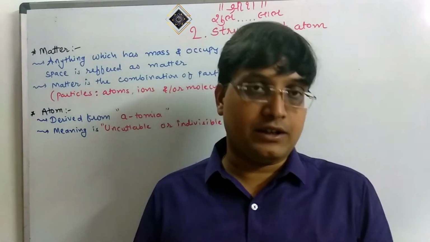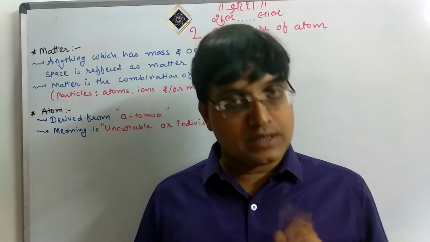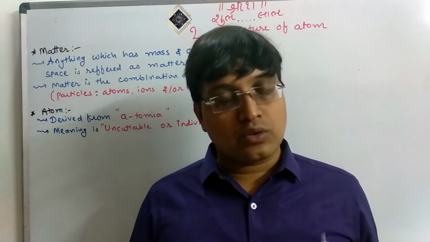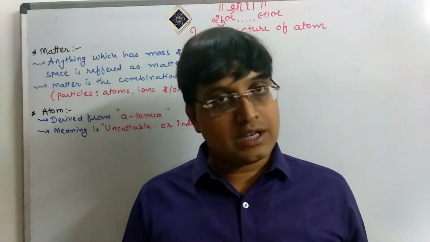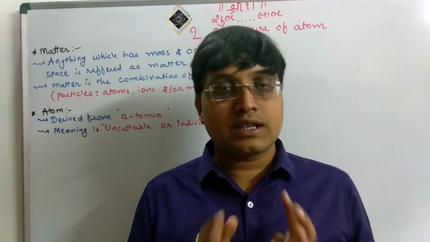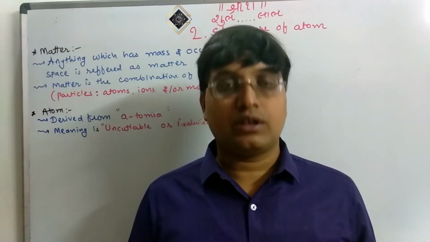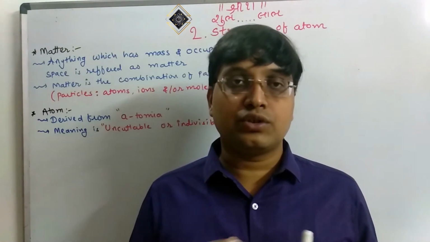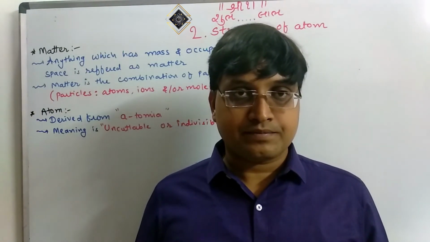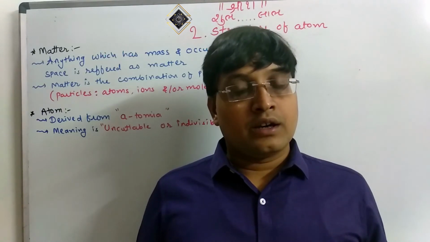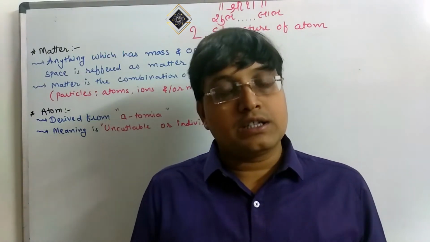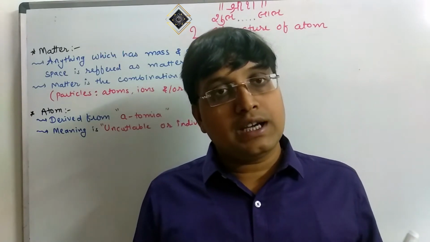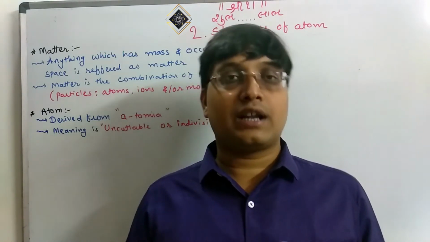Clear? Once again, if I have an iron rod and keep a magnet nearer to it, it shows attraction. If I convert this iron rod into a very fine powder and keep the magnet nearer, it also shows attraction. Not only that, if I convert this fine powder into atoms of iron, it also shows attraction.